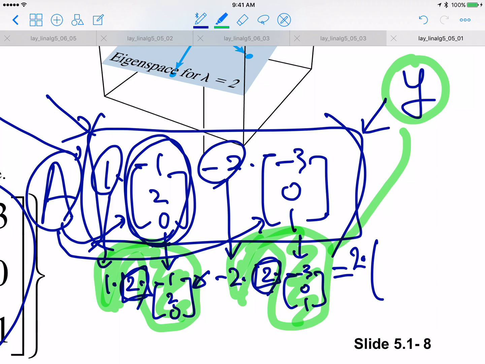Because each basis vector is just stretched, multiplied in length by 2. Its length became 2 times longer, but the direction is still the same, and so this linear combination vector y also has the same direction, and the length will become 2 times larger.